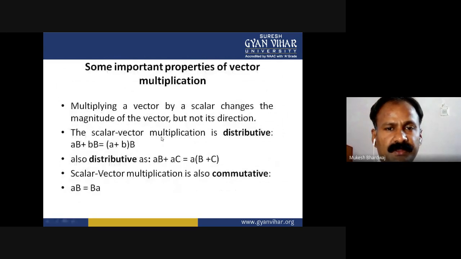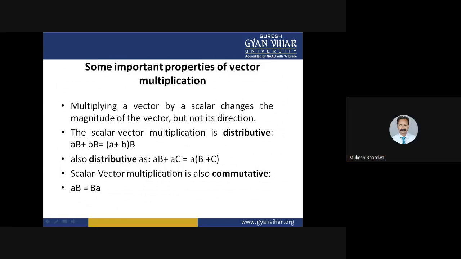Some important properties of vector multiplication. Multiplying a vector by a scalar changes the magnitude of the vector, but not its direction.